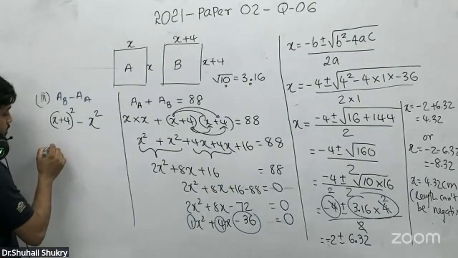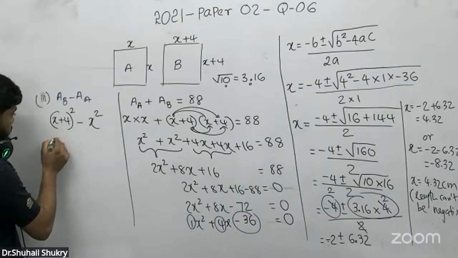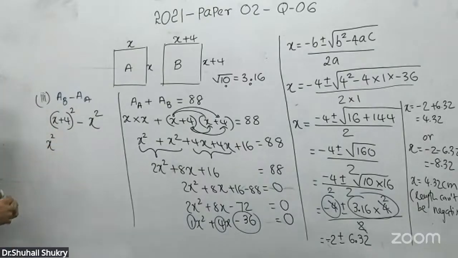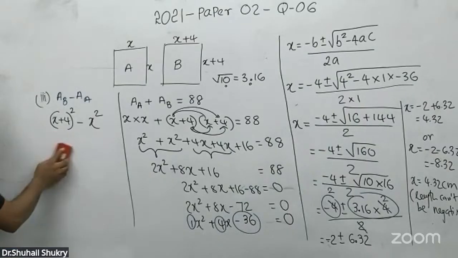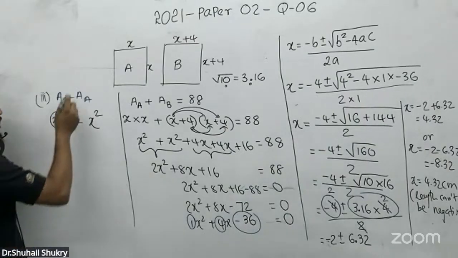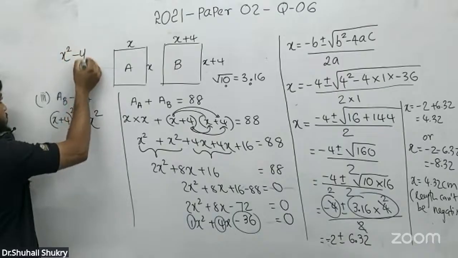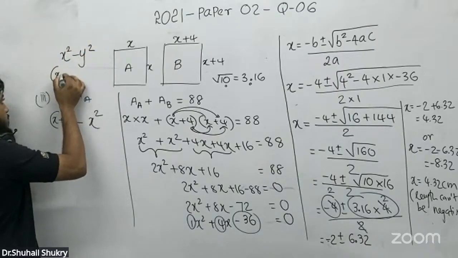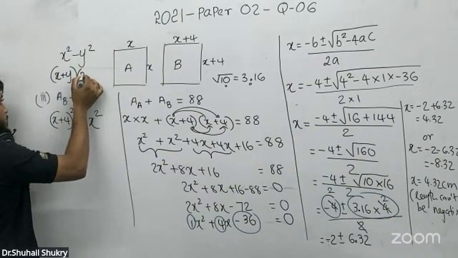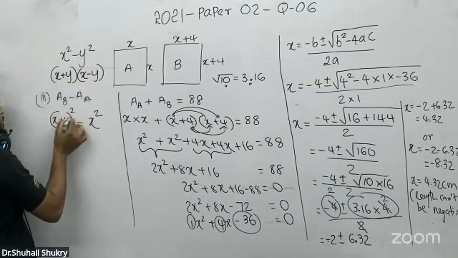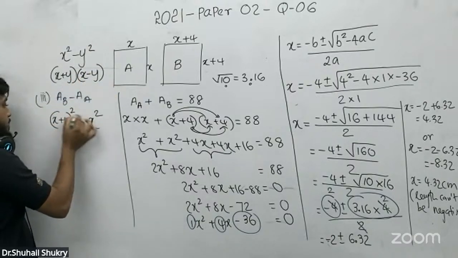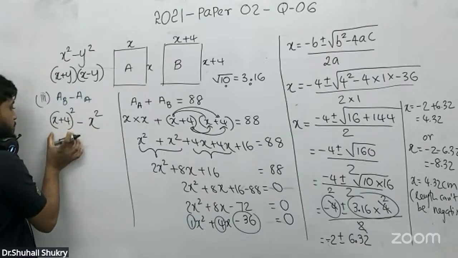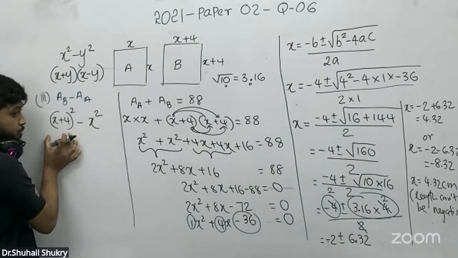How can you do this? You don't want to expand this. Normally, if it is x squared minus y squared, how will you write this? X squared minus y squared, how will you write this? X plus y and x minus y. Likewise, you have to write x plus 4 plus 6, and x plus 4 minus 6.